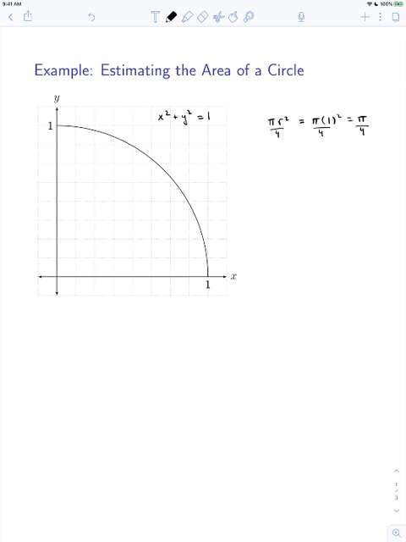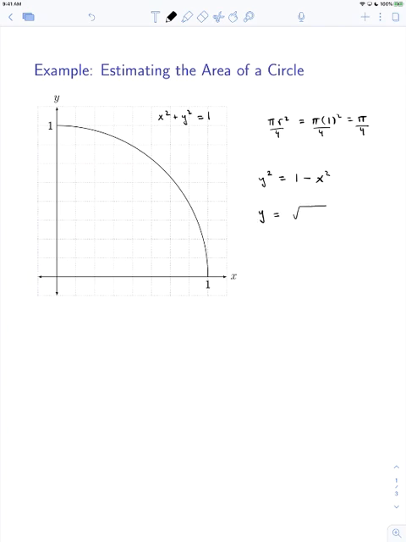Well, we draw a picture. We have a picture here. The benefit of looking at the top half of the circle instead of the whole circle is that you can write an equation which will give you a function. What do I mean by that? If you solve for y, you have y squared equals 1 minus x squared, and then you look at the square root.